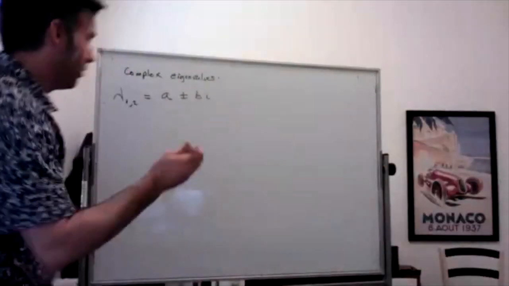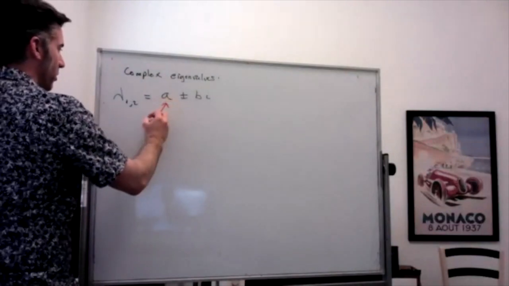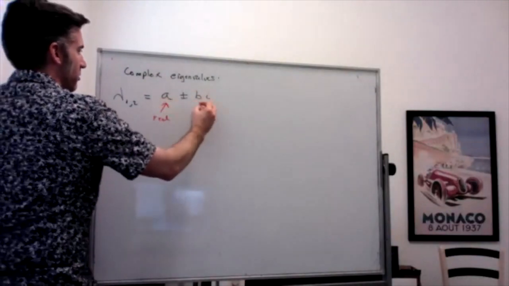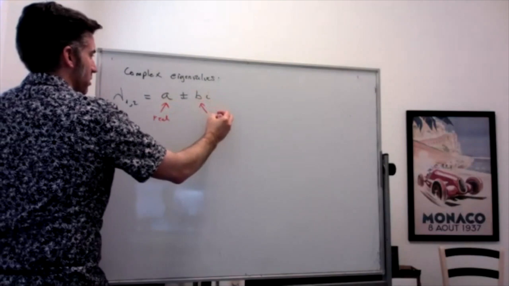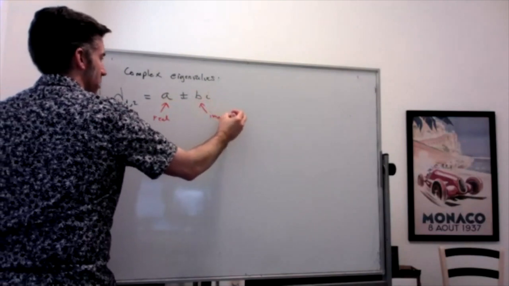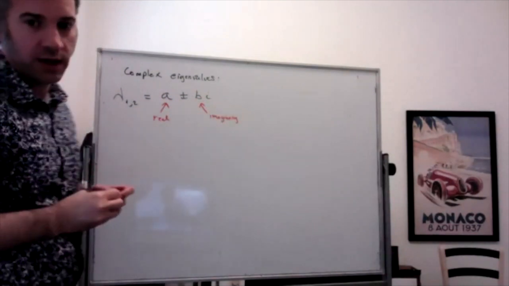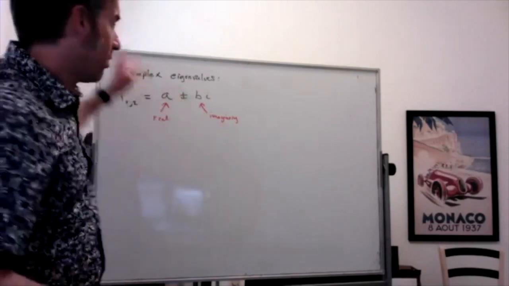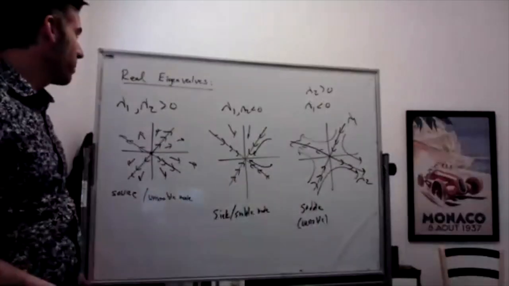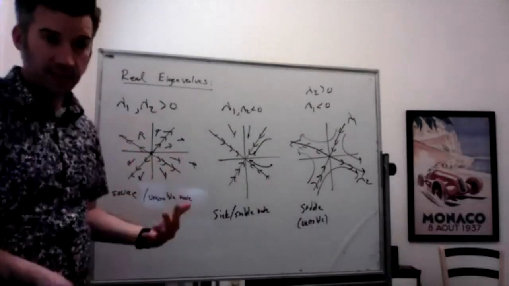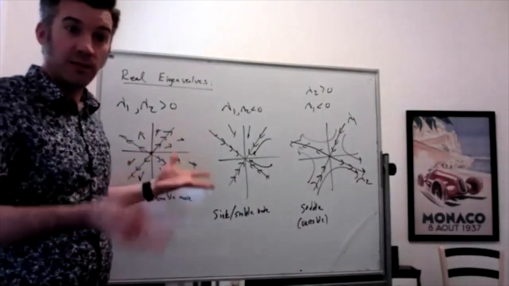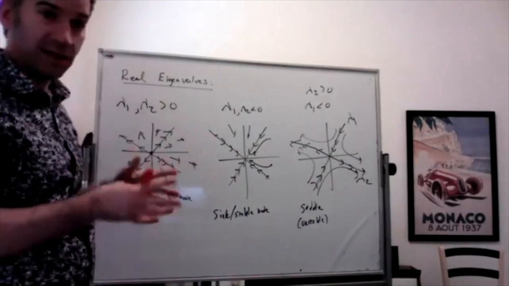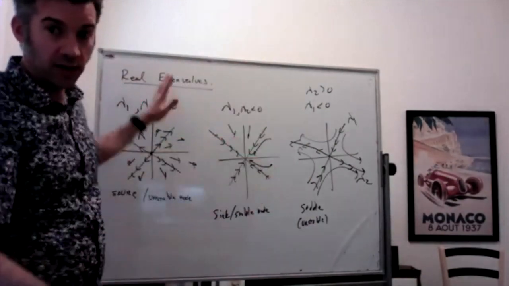This number here is the real part. This number here is the imaginary part. And what's kind of cool is we have similar stability criteria. Over here, when the eigenvalues are both positive, we have instability, because things grow really big as time goes on.